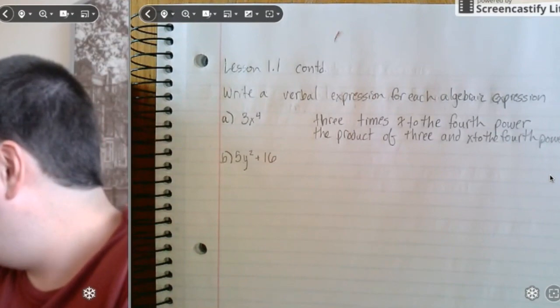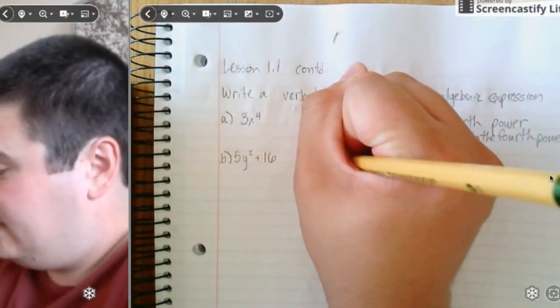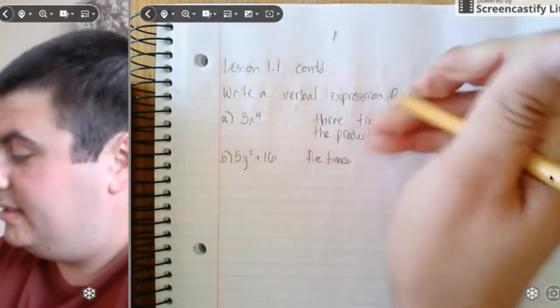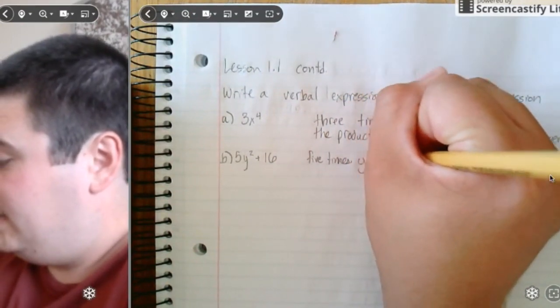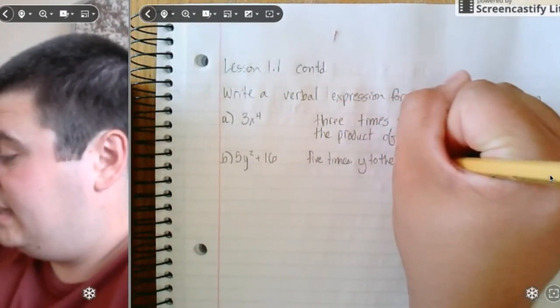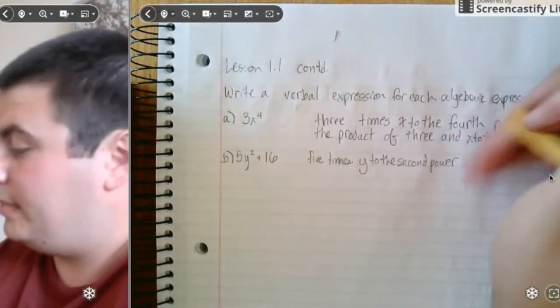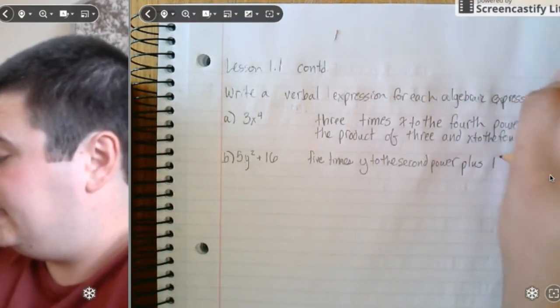So one way that we could say it is 5 times y to the second power plus 16.